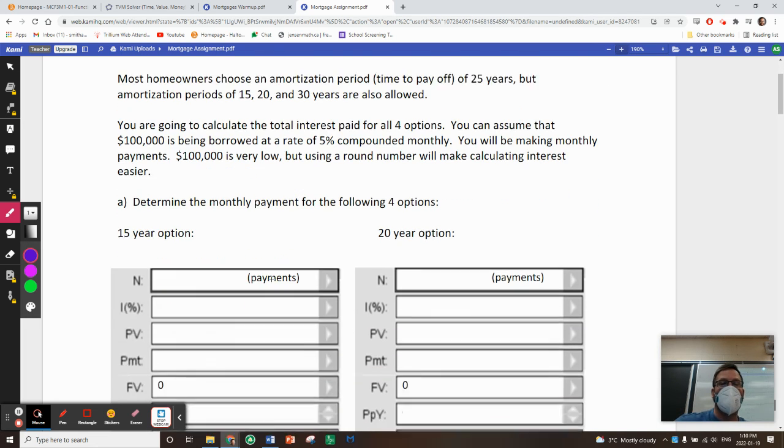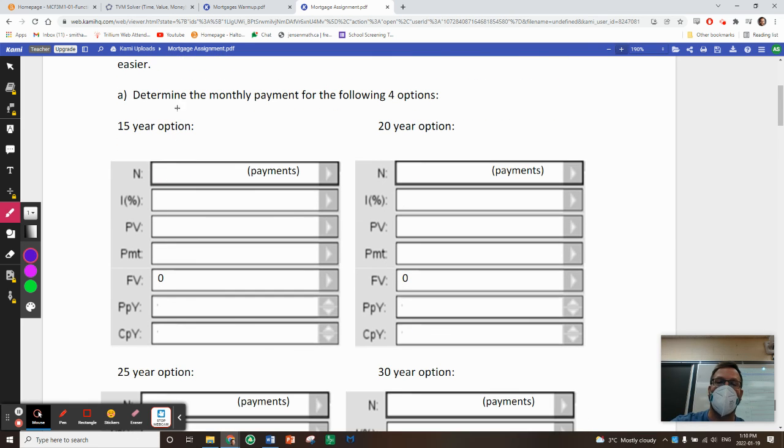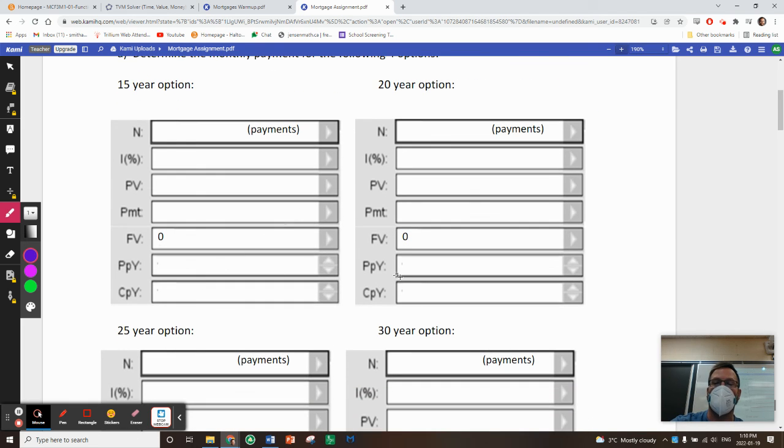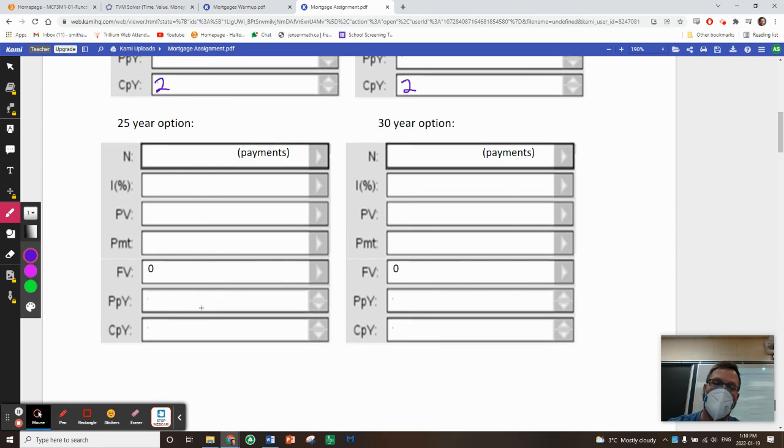So you're going to find the monthly payment for 4 different possible numbers of payments: 15 years, 20 years, 25 years, and 30 years. And what are you guys going to put in C/Y for all of them? 2, right? In Canada, it's 2 for mortgages all the time. Just a reminder.